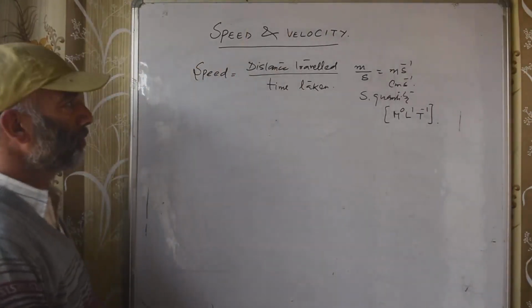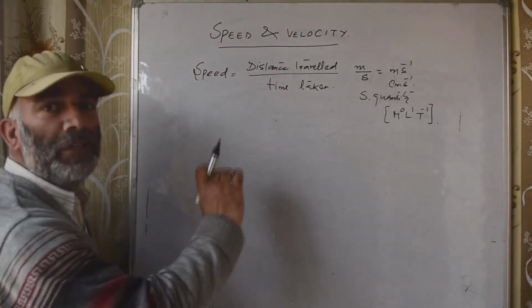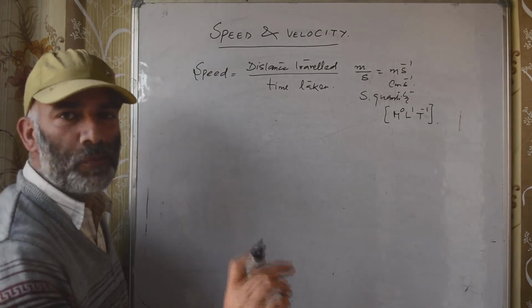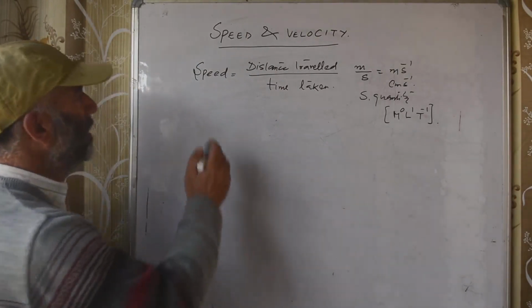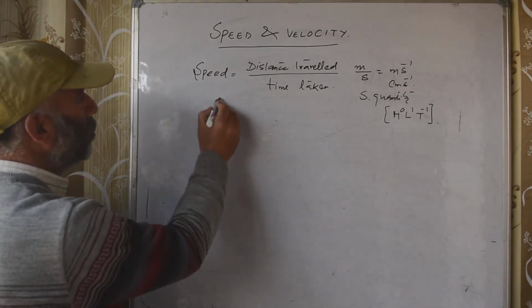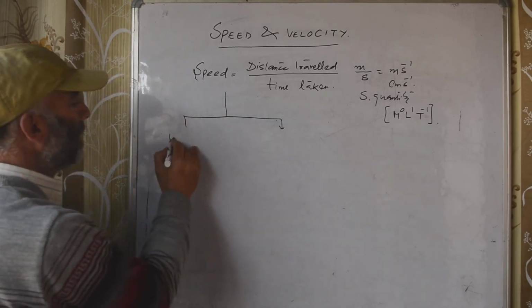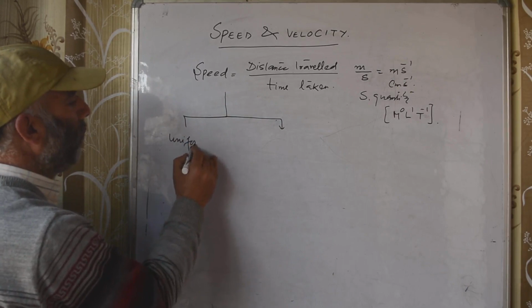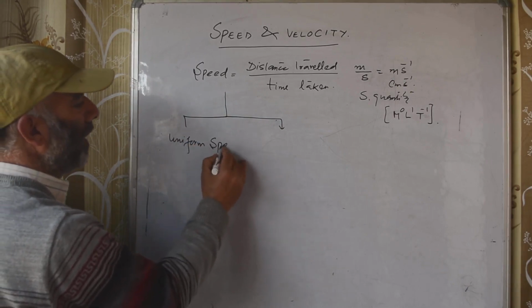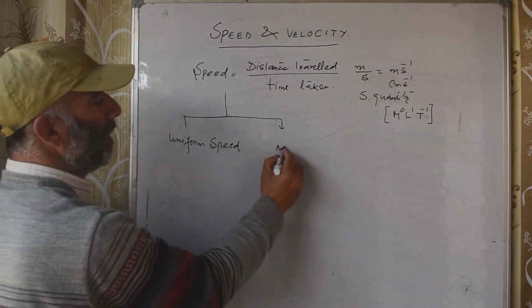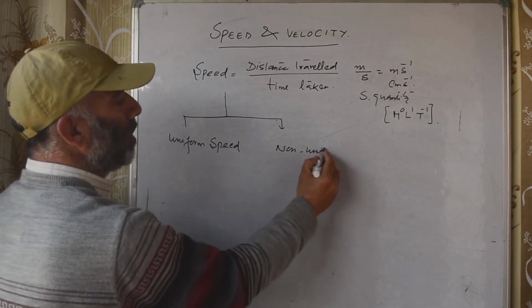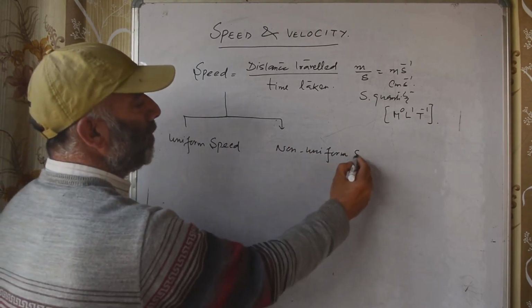Depending upon the motion of the particle, what type of motion the body is executing, the speed can be divided into two categories. One type of speed is known as uniform speed, and the second type is known as non-uniform speed.